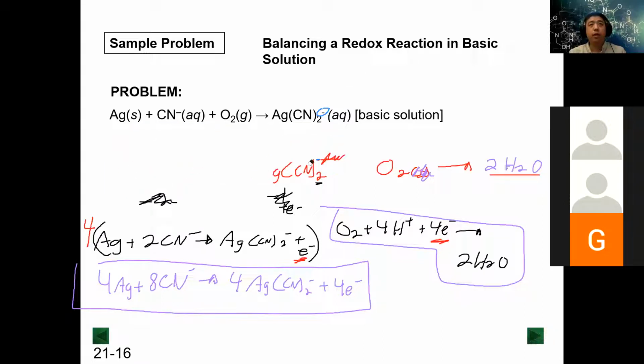Okay, so we're going to go ahead and write the final answer back up here, just because I do not have room on the bottom. So I'm going to put them back together. Everything on the left stays on the left. This is our arrow right here. Everything on the right stays on the right. And anything that shows up on both sides gets canceled out.